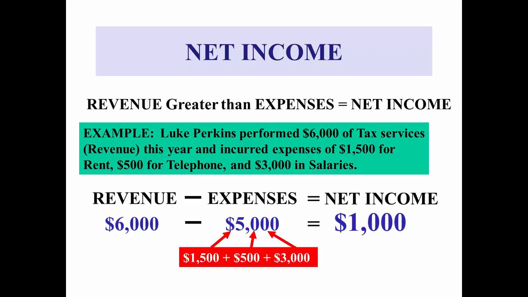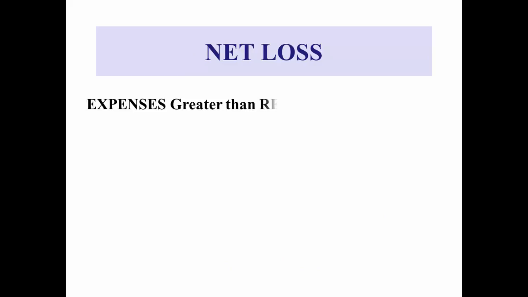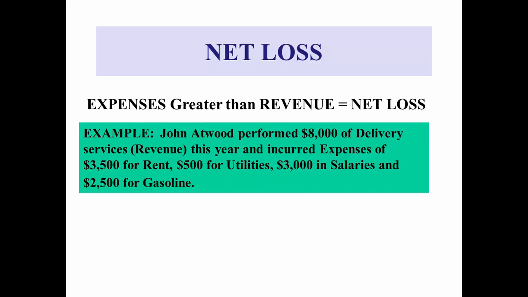And 6,000 minus 5,000 is a positive number of 1,000, so that is net income. If we would have had 7,000 of expenses, we would have had a negative 1,000, and that would be a net loss. And here it is. When expenses are more than revenue, it's a net loss.